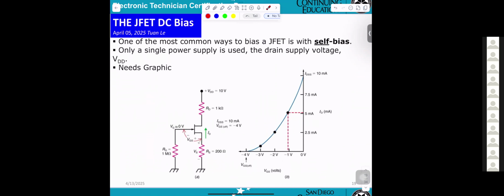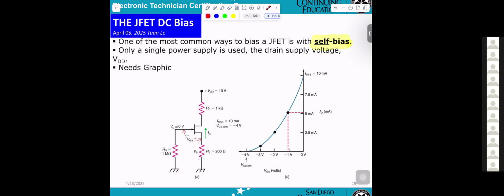One of the most common ways to bias the FET now will be self bias. That's the second one. If you look into the circuitry, there's no more voltage here. You get only one VDD.